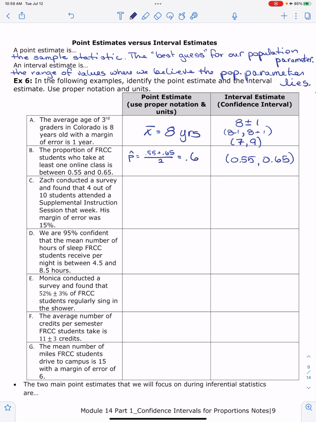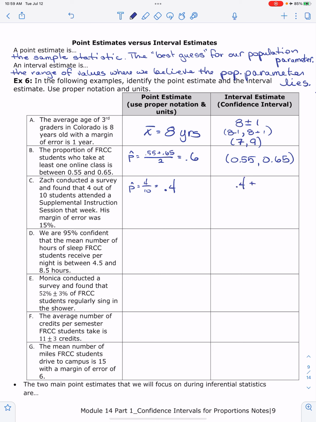C, Zach conducted a survey and found that 4 out of 10 students attended a supplemental instruction session that week. His margin of error was 15%. So 4 out of 10, again, we have a sample proportion. We have a margin of error of 15%.